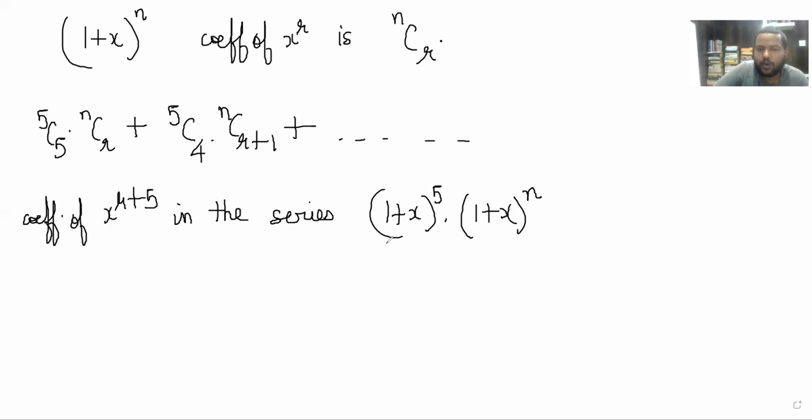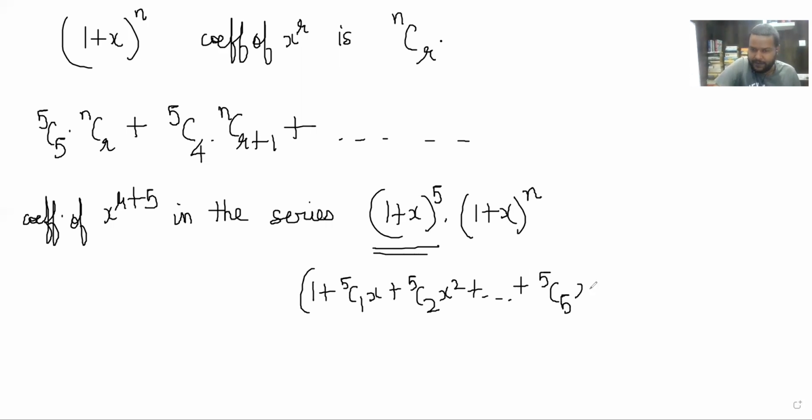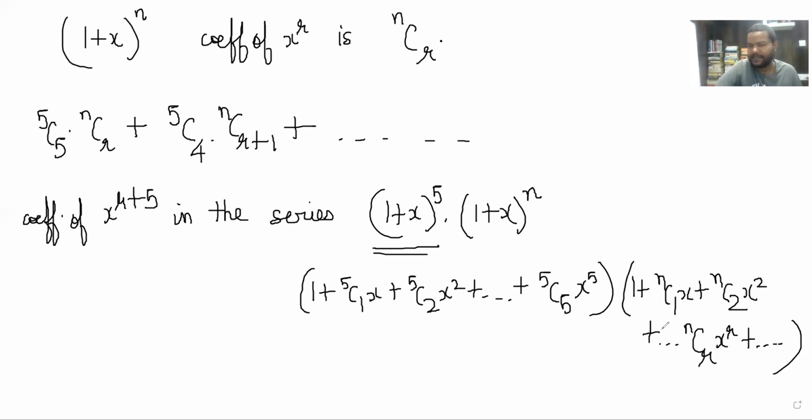This is 1 plus 5C1 x plus 5C2 x squared, and so on, till 5C5 x to the power 5, and this is just 1 plus nC1 x plus nC2 x squared, and so on, till nCr x to the power r, and so on, higher powers, right?